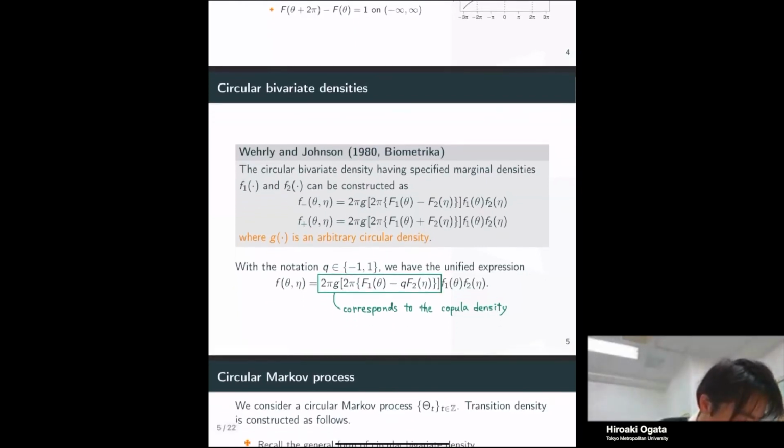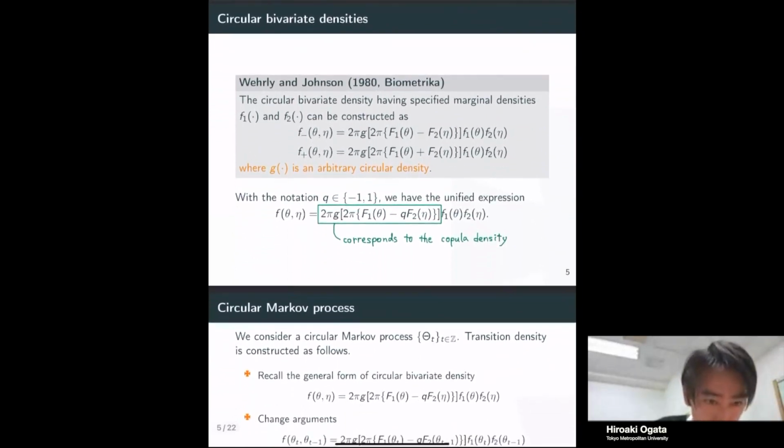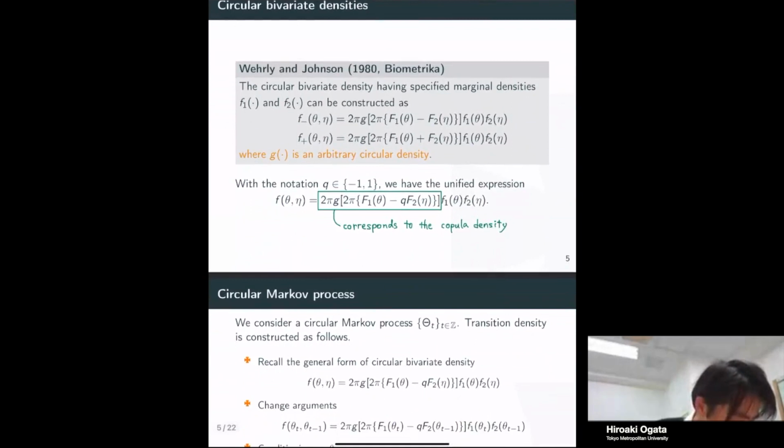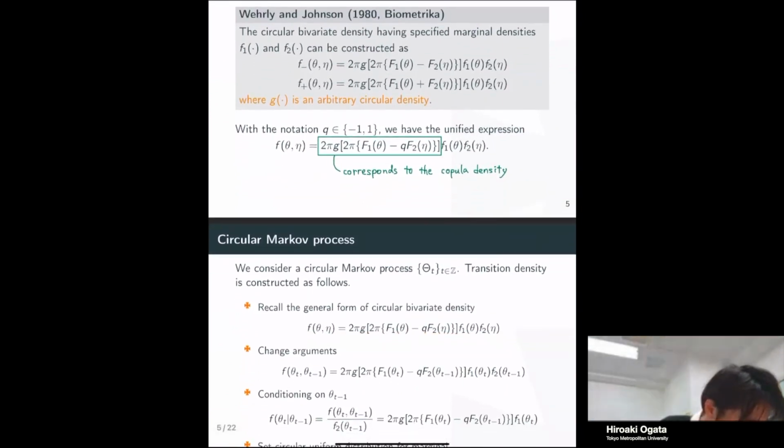Based on this result, we construct the circular Markov process. We consider the circular Markov process theta t. The transition density is constructed as follows. Recall the general form of the circular bivariate density. Now change the arguments to theta t and theta t minus 1, because we are considering a time series model.